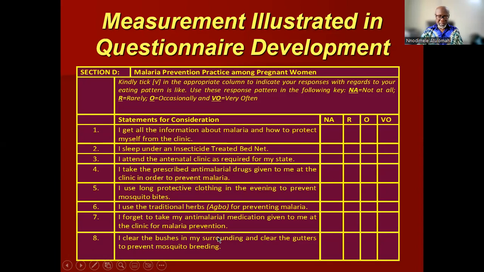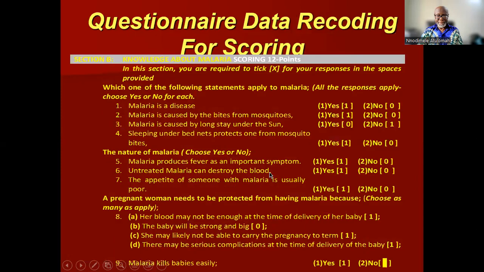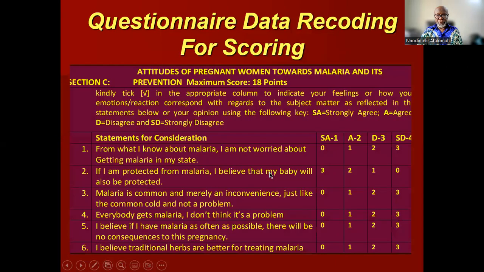All right, so all the other items under prevention practice will follow this type of scale. So strongly agreed will not work with this. Like for instance, I sleep under an insecticide-treated bed net. Strongly agreed, disagreed. Doesn't make sense. Okay, so we move on.